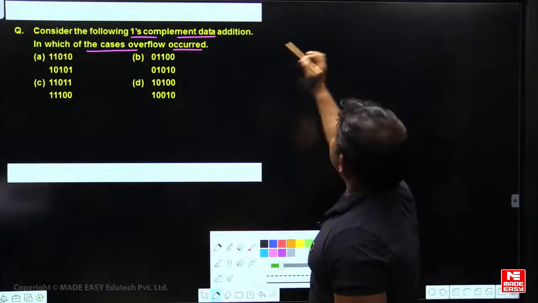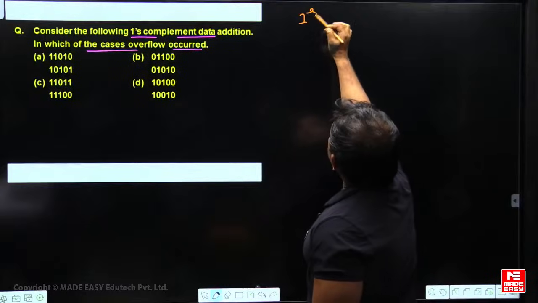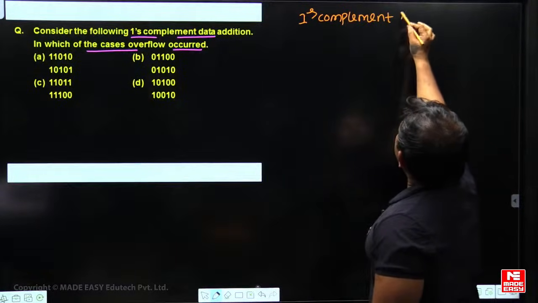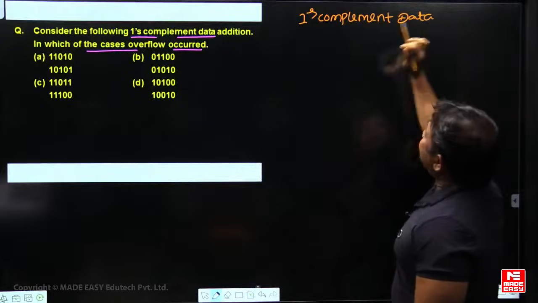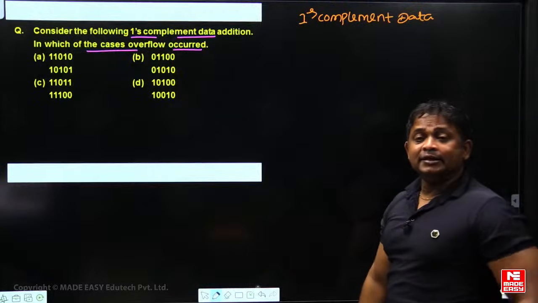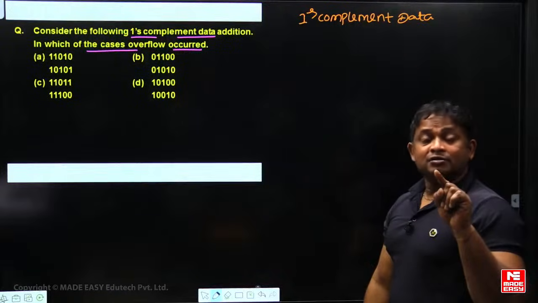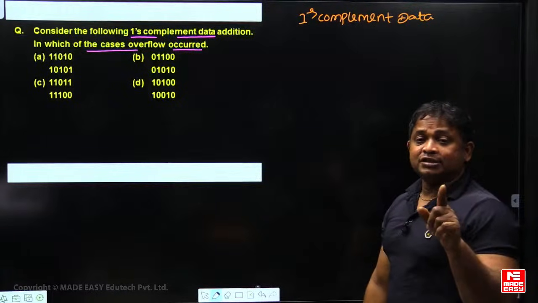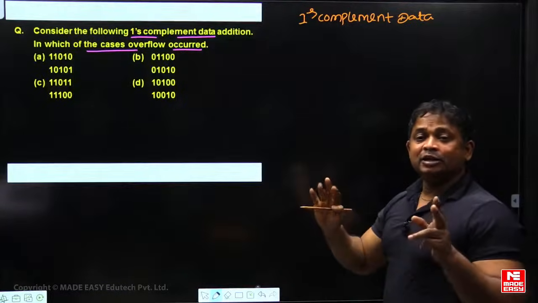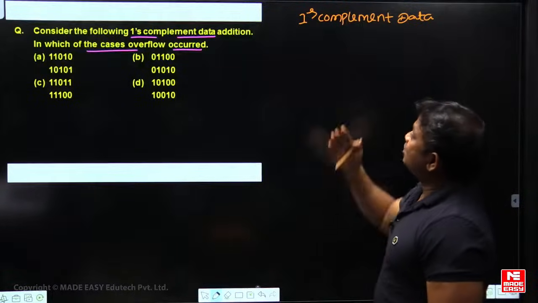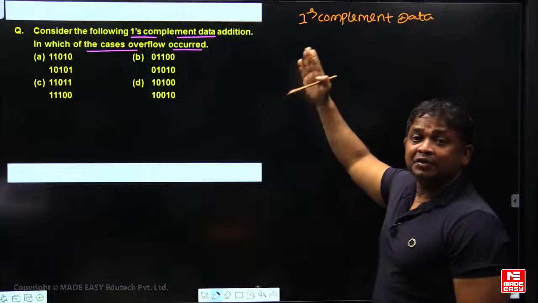Now this is again one's complement. For one's complement data, there is no direct condition present. For unsigned data the direct condition is carry, for signed data the direct condition is the overflow flag, but for one's complement and sign magnitude there is no direct condition. Then what to do? We are going to do this manually.